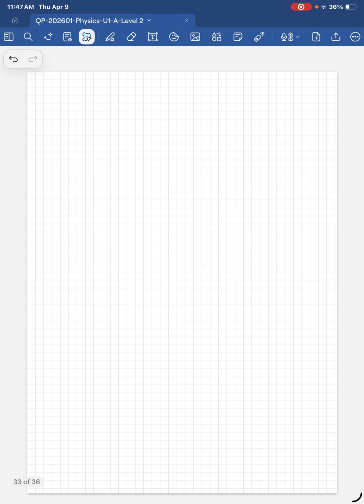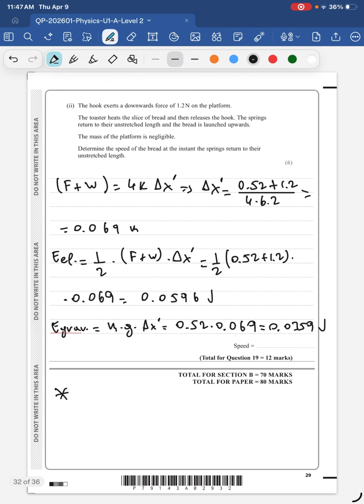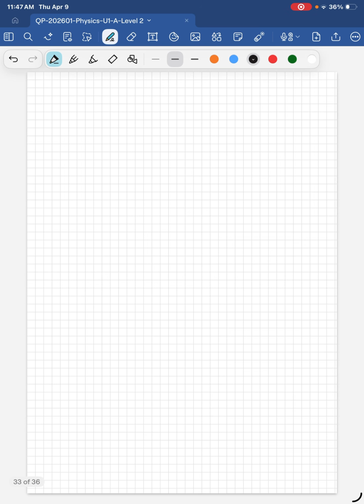So over here, okay, what I'm trying to say, actually, let's demonstrate. When you have the bread down here inside the toaster, you will have the springs totally stretched.